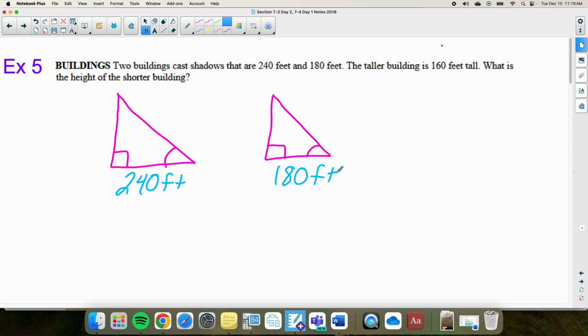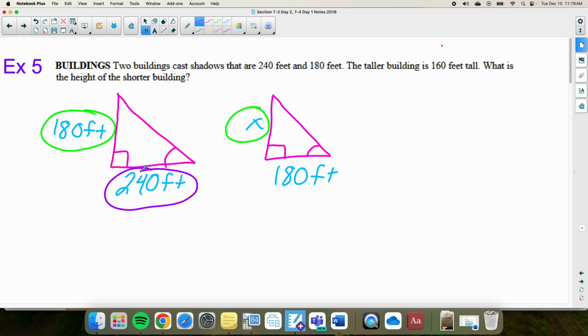Do you guys get that the taller building should have the longest shadow? So our taller building would be here. And we want the height of the shortest building, okay? Again, how you write your proportion doesn't really matter. There's many different ways you can do it.